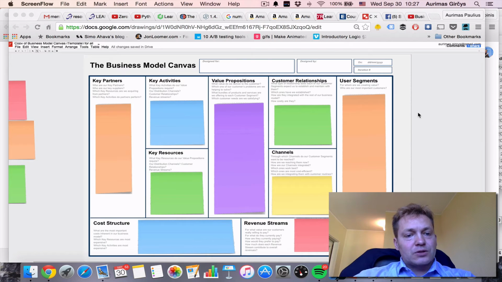The third thing, which is super essential, is to identify your key partners. This not only means to think of who your friends are, or who your partner companies are, but also where exactly you get your products from, who might be your suppliers.